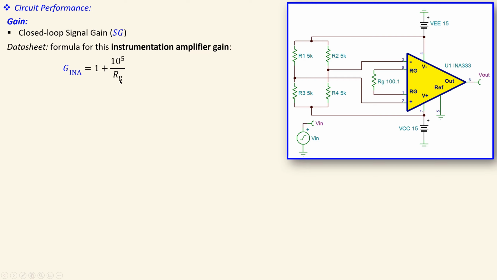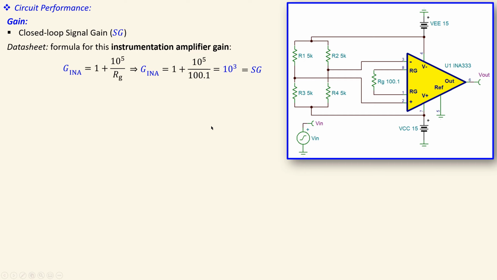The datasheet gives you the formula for this instrumentation amplifier: G of this instrumentation amplifier, short INA, is 1 plus 10 to the power 5, so 100,000, over RG, which is this resistor. Here we have 100.1. If I substitute the values, I get 1000 for my instrumentation amplifier gain.